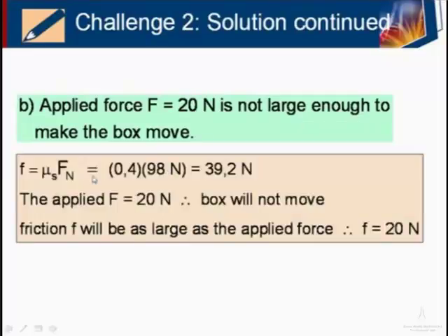Let's examine this. The frictional force, calculated using the static coefficient of friction and the normal force, we see is 39,2 newtons. The applied force is only 20 newtons, and therefore the box will not move. Remember, the frictional force will be as large as the applied force and will be 20 newtons, and to get the box moving, the applied force must be greater than the frictional force.